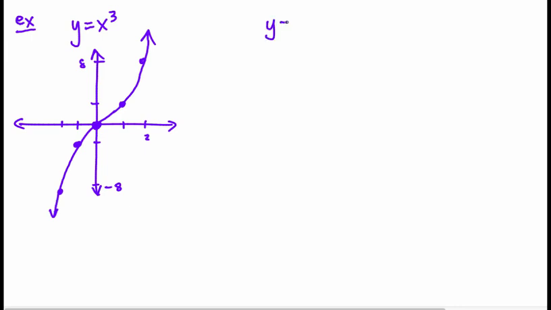If I want to know what y equals 1/2 x cubed looks like, that takes all of the y values and cuts them in half. So where this was -8, it'll now be at -4. Where this was -1, it'll now be -1/2. And so my new graph looks similar, but compressed towards the x-axis.